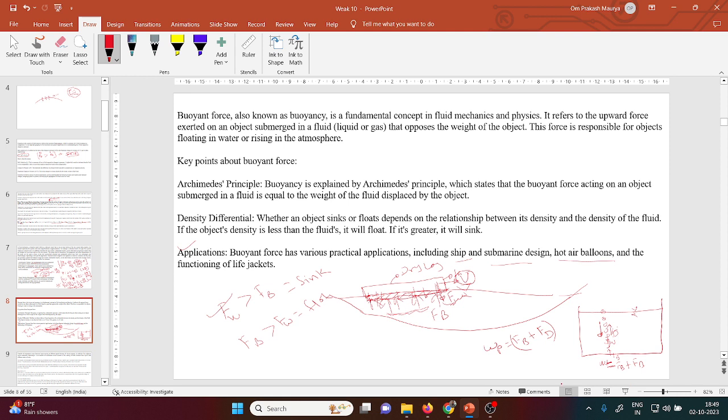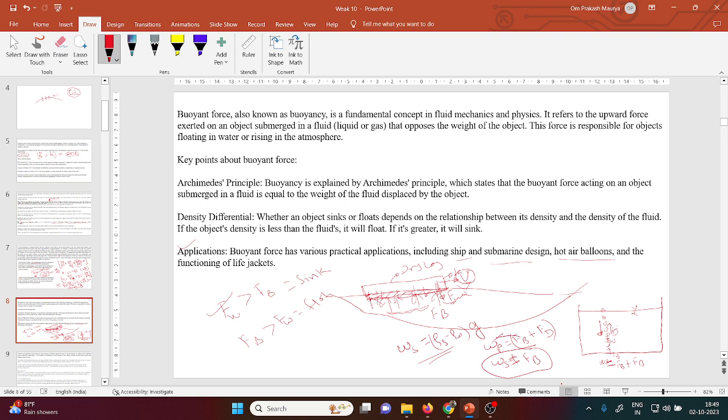When we calculate the weight, we take the submerged weight, Ws, which involves the solid, the water, and g. Then Ws is equal to FD, since these two things are included in it.